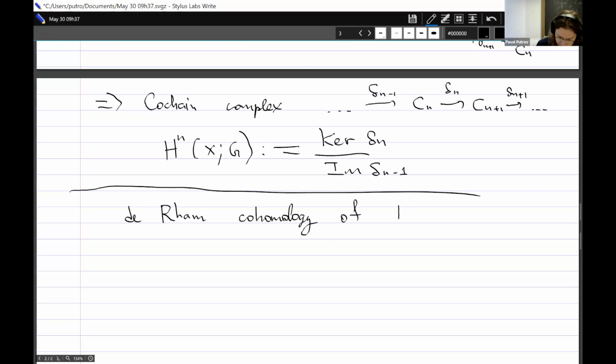So we can consider the de Rham cohomology of M. Sorry, maybe I keep mixing M and X, but so far in our context there are only topological spaces, just called M. So let's assume that M is a smooth manifold.